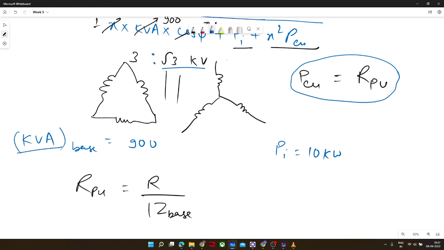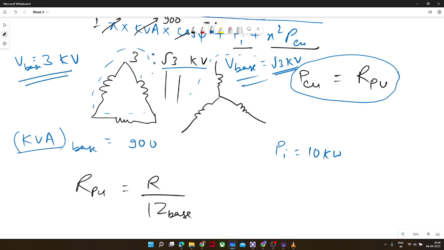So V base would be equal to root 3 kV. This is the line value, and here it is the phase value, 3 kV. So it is the base. If you are in this zone, you will take this base. If you are in this zone, you will be in this base.